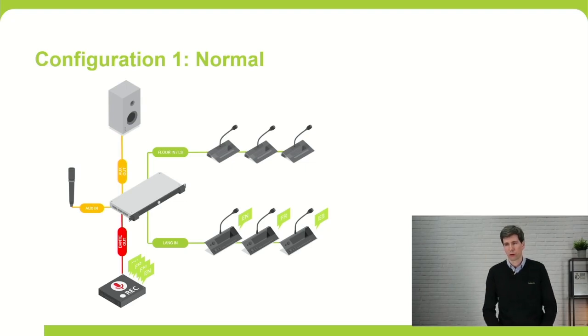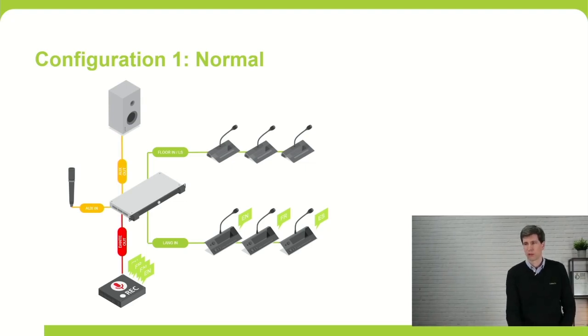First of them is the normal one, which is in fact just having the capability of putting all the microphone inputs available for auxiliary outputs like an external amplifier for a recording. Also having external input through Dante or through an auxiliary input, have it available on the speakers of the units here.